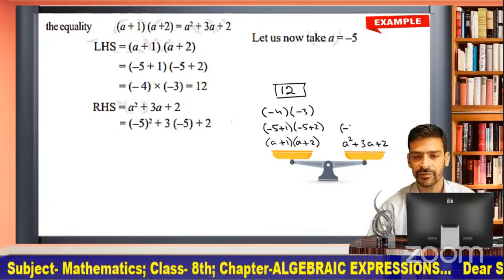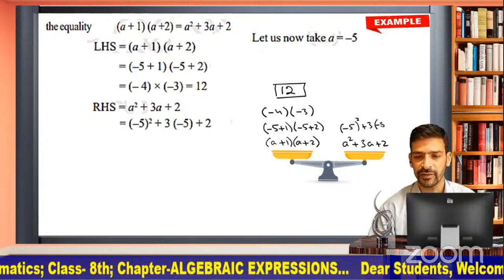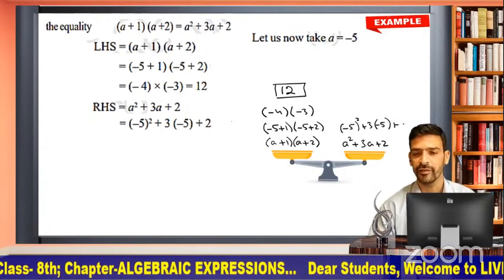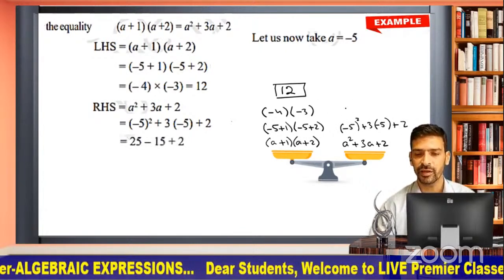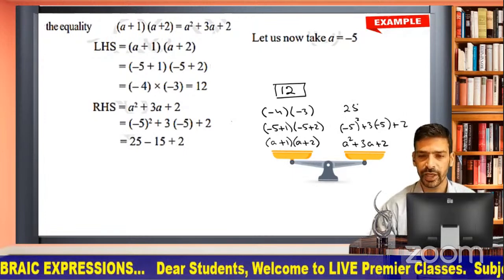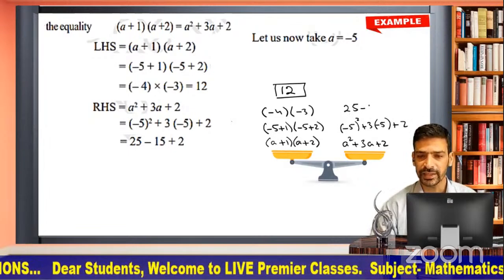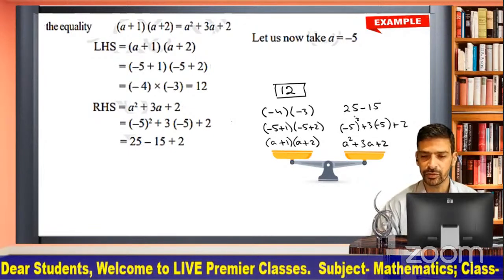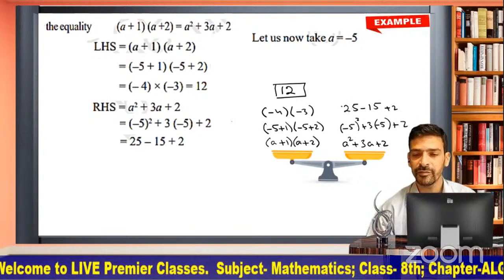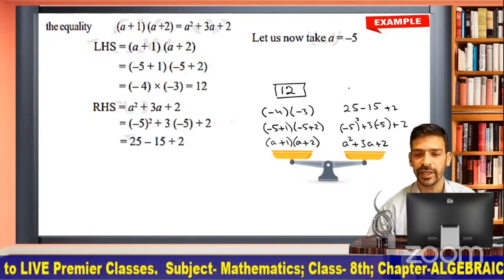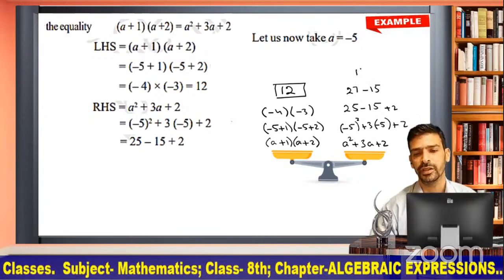It is -5 square plus 3 times -5 and we have plus 2. And -5 square turns out to be plus 25. Square of negative is always positive. Plus and minus turns out to be minus, 3 fives is 15, and we have plus 2. 25 positive है, 2 positive है, they will be added. It is 27 minus 15 and we have 12.